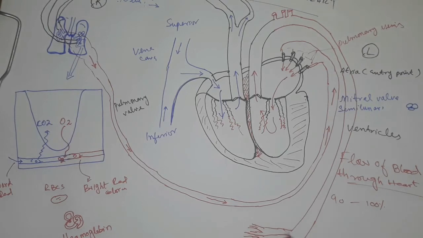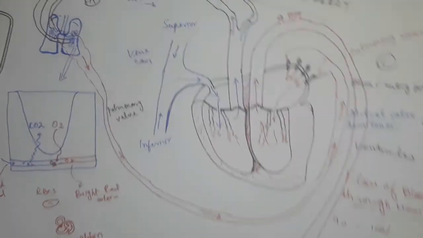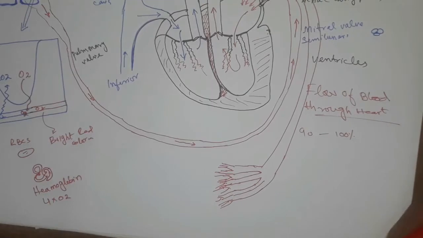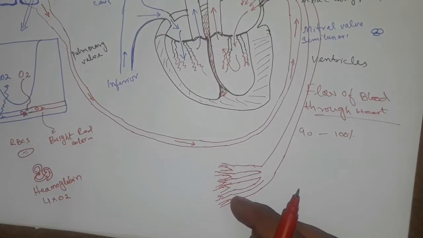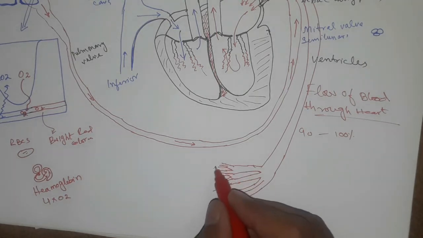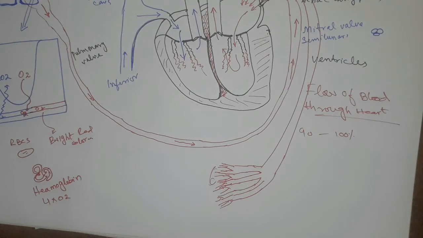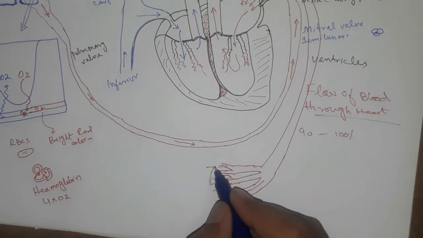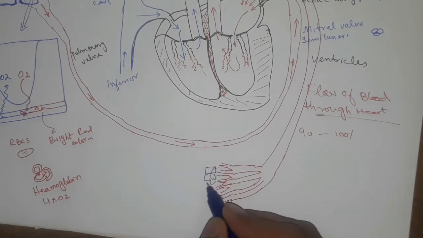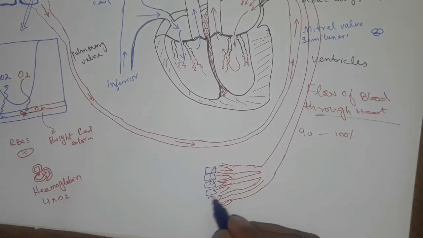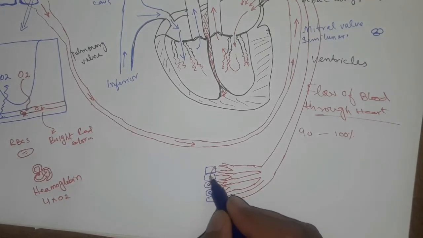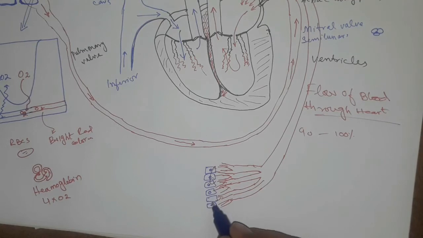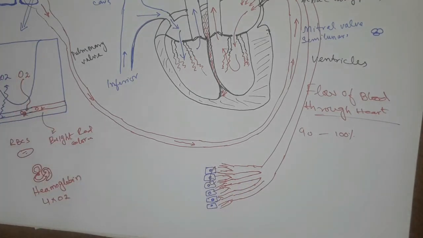And these are the smallest arteries, which are called the capillaries. And at the capillary bed, what happens at that point? Blood enters into the tissues. For example, these are tissues in our body. They require oxygen and nutrients.